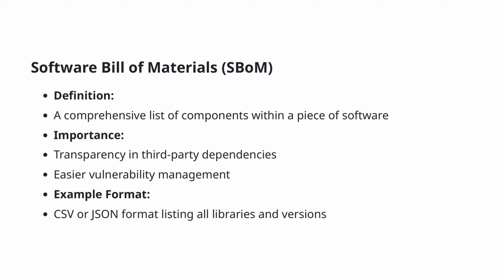On this slide, we are discussing the Software Bill of Materials, or SBoM. An SBoM is essentially a comprehensive list of components that make up a piece of software. This list is crucial for maintaining transparency in the dependencies you're using, especially third-party components. By having an SBoM, it becomes significantly easier to manage vulnerabilities, as you can quickly identify and assess the risks associated with each component.